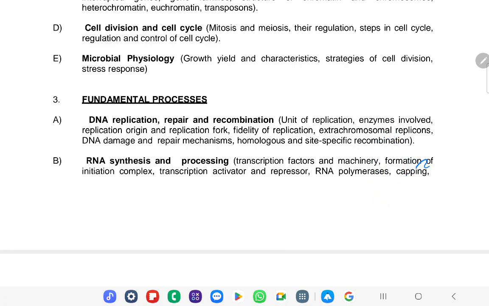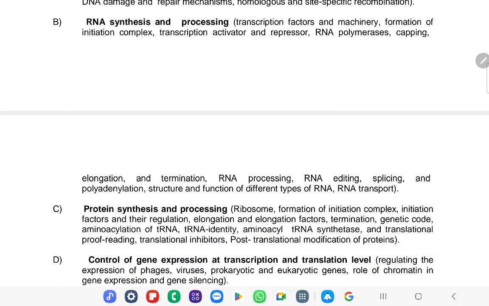This fundamental process includes DNA replication, repair and damage, and recombination process, and RNA synthesis and processing. RNA synthesis covers transcription factors, machinery of the transcription unit, initiation, transcription activators, repressors, RNA polymerases, capping, elongation and termination.